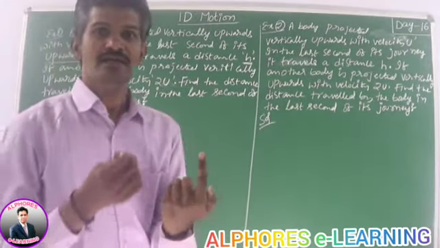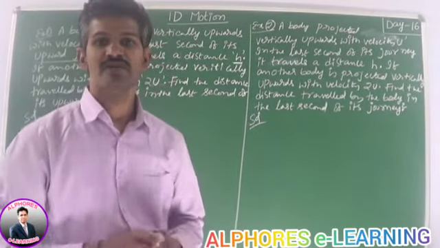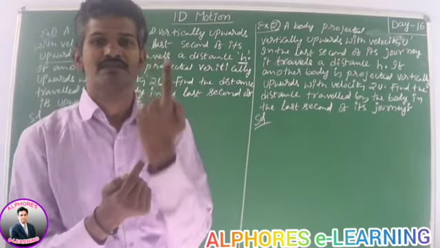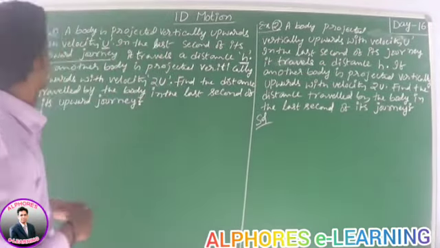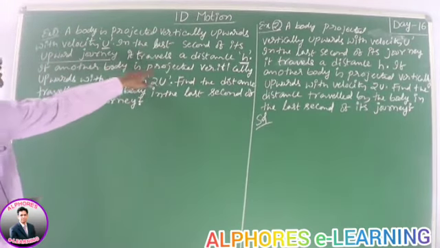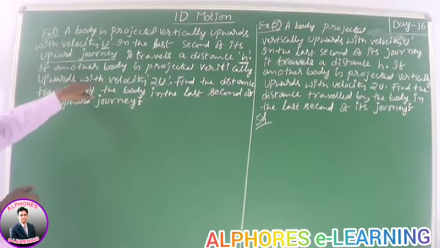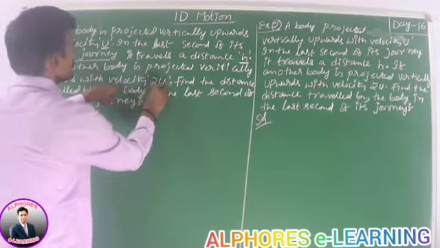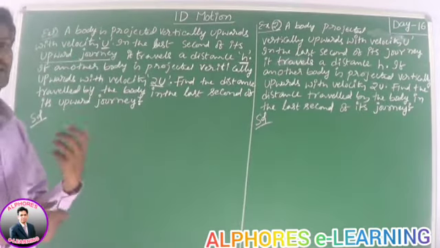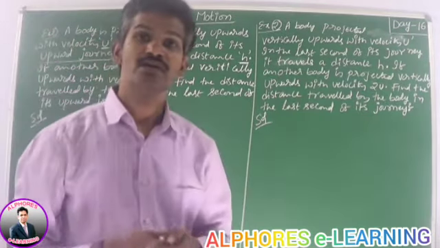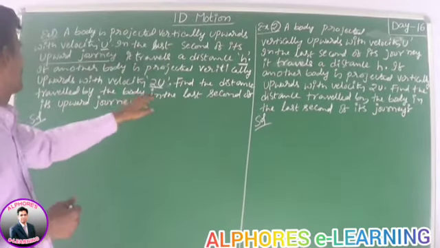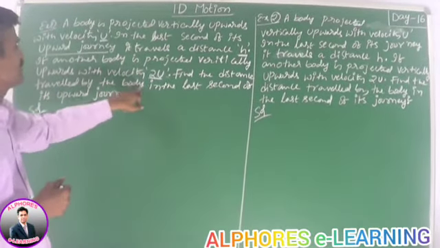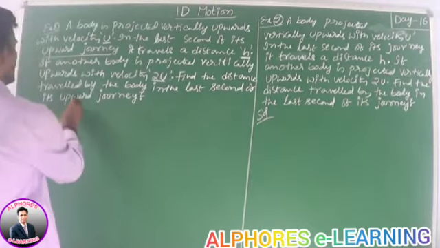In general, the body moves in vertically upward direction, so it travels a distance h in upward direction. Another body is projected vertically upwards with the velocity 2u. Find the distance traveled by the body in the last second of its upward journey.